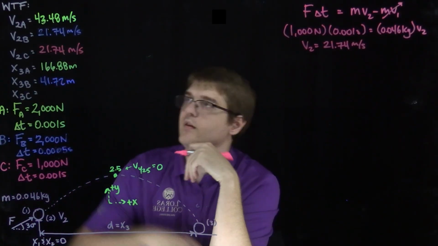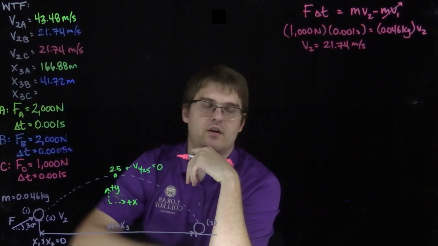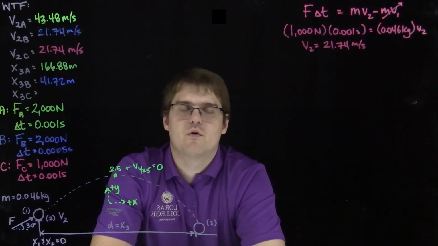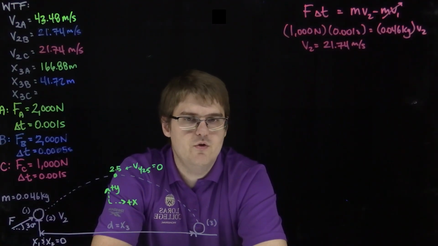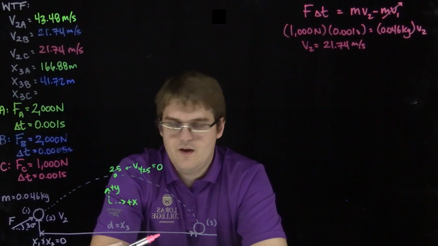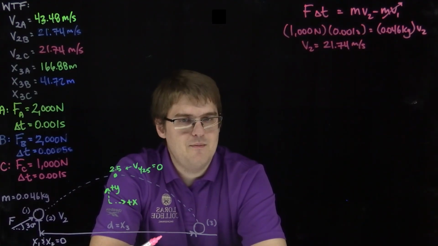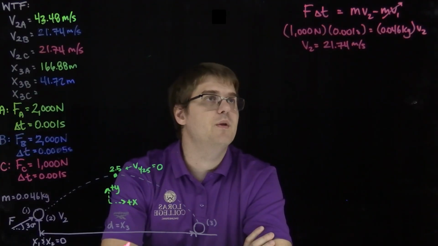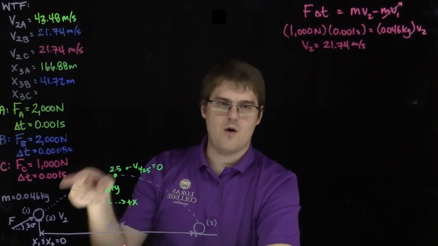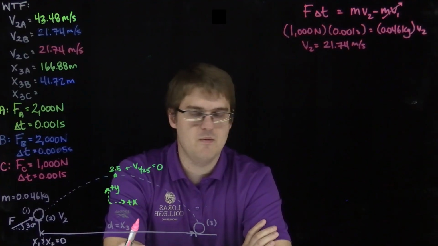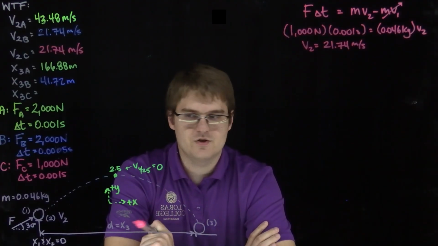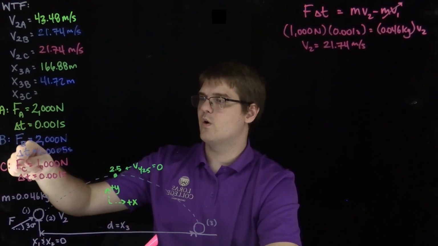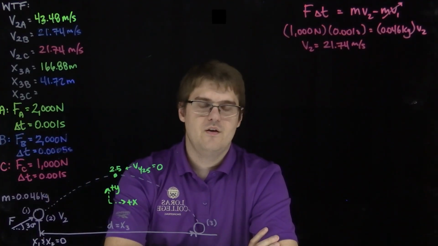Well, this guy and this guy are exactly the same. My velocity at 2 for golfer B, and velocity at 2 for golfer C. And hopefully that means to you that my distance is going to be the same. Because if we look at how we solved that whole second half of the problem, nothing changed. Nothing was dependent on either force or time of impact for that entire piece.